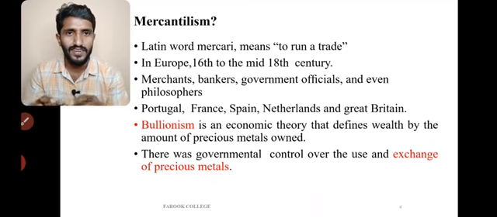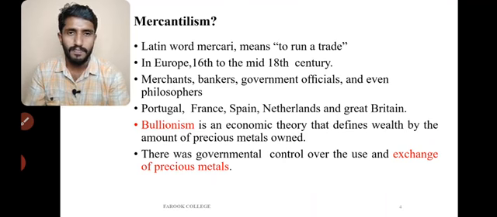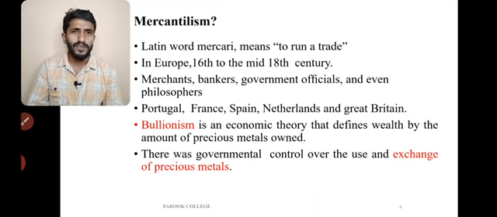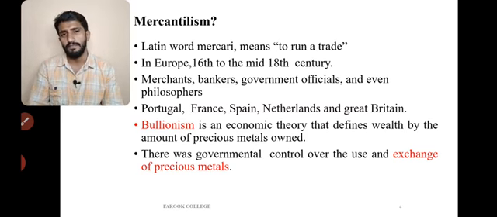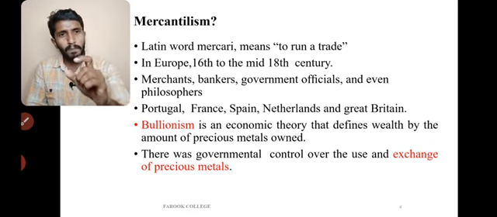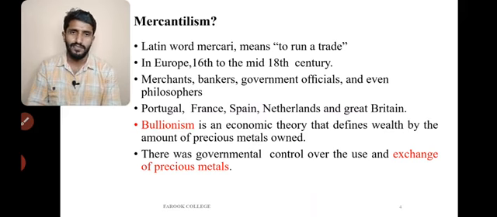So these were the countries where the idea of mercantilism existed. The mercantilist ideas were based on one major concept, that is bullionism. What is bullionism? Bullionism is an economic theory that defines wealth by the amount of precious metals owned.